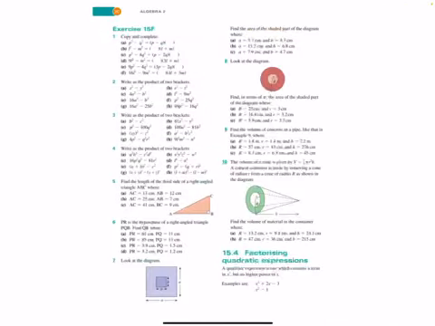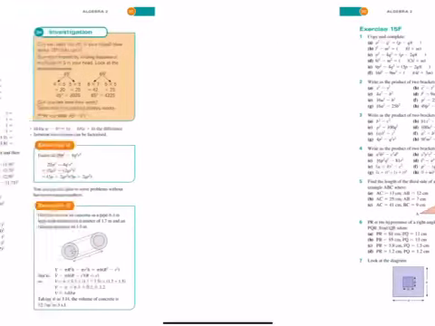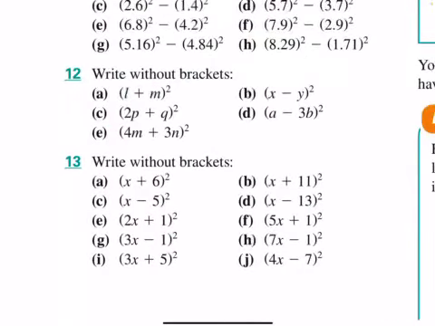So b is x plus 11, in brackets, squared. x plus 11 times x plus 11. a plus b squared is a squared plus 2ab plus b squared. x squared plus 22x plus 121.